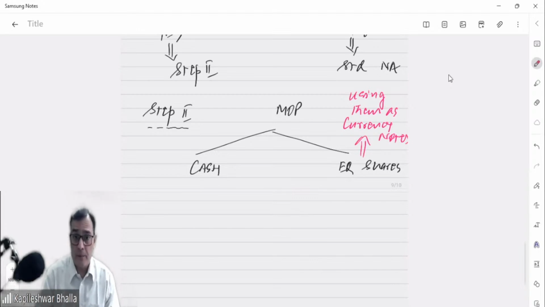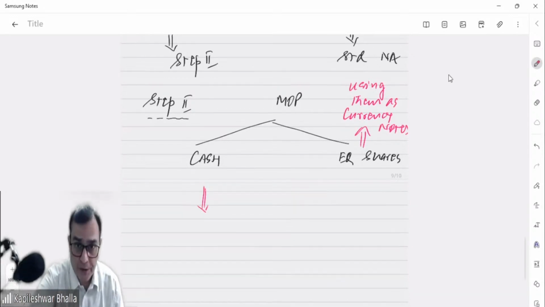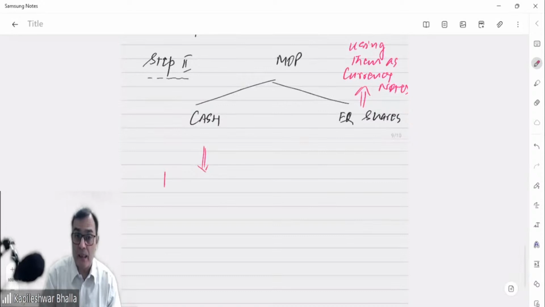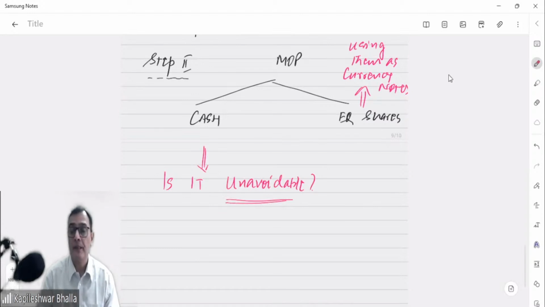Now, the amendment made is that if it is a payment in cash, don't say it's a financial liability. You got to consider, is it unavoidable in nature? You have to pay. There is an unavoidable obligation to pay. So we can say, yes, it is unavoidable, which means it is mandatory.